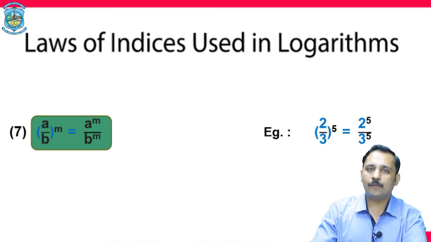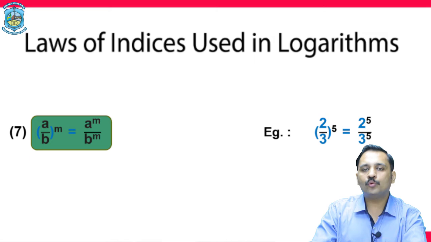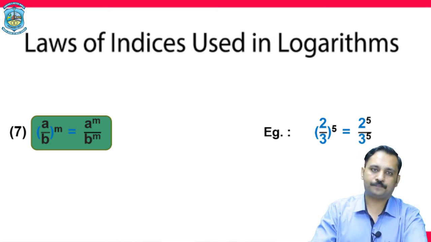Next, a upon b whole raised to power m, it is equal to a raised to power m divided by b raised to power m. For example, we have 2 upon 3 whole raised to power 5, it is equal to 2 raised to power 5 divided by 3 raised to power 5.